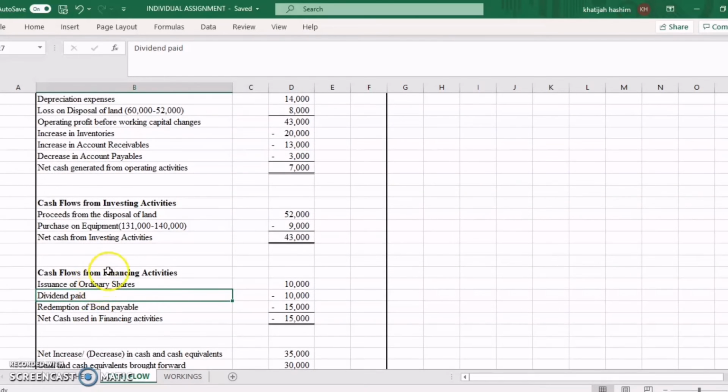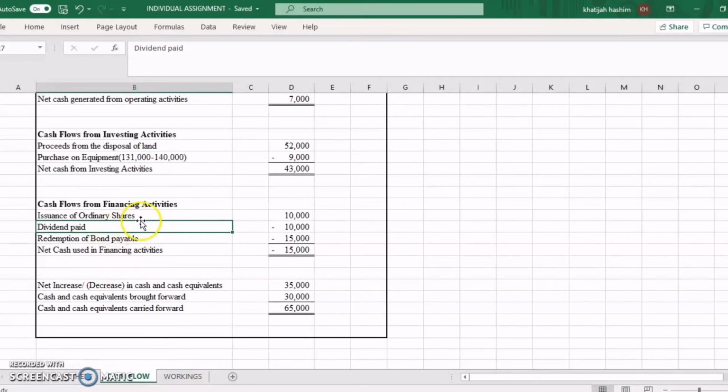Now we move to the investing activities. We have proceeds from disposal of land, which we also get from the additional information, 50,000 inflow, and we have the purchase of equipment. Because we assumed that the increase in the equipment account means a purchase, we have the purchase of equipment of 90,000. So net cash from investing activity is 43,000.